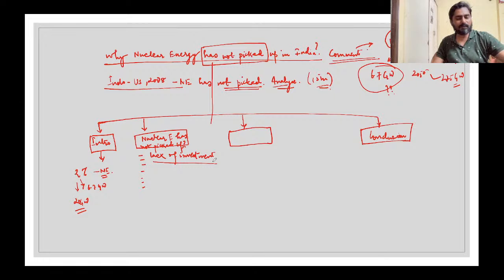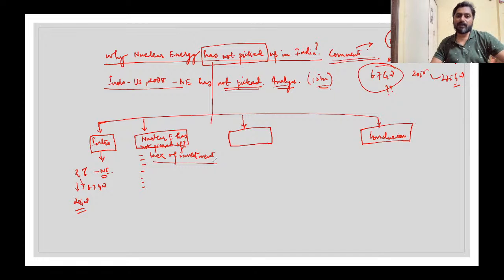So for this, you need to have some understanding of the nuclear regime of India. You have to understand basically the history of the nuclear energy program of India. After independence, India started its nuclear energy program, which was started by Dr. Homi J. Bhabha. Bhabha realized that India doesn't have sufficient uranium.